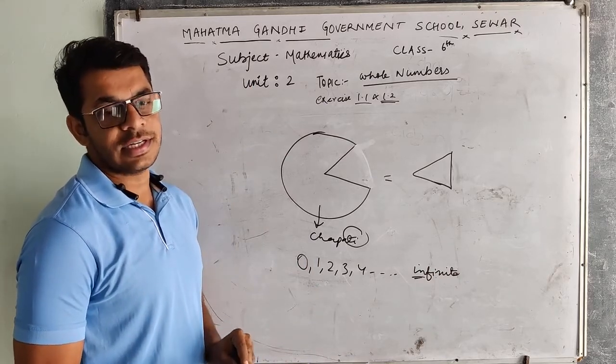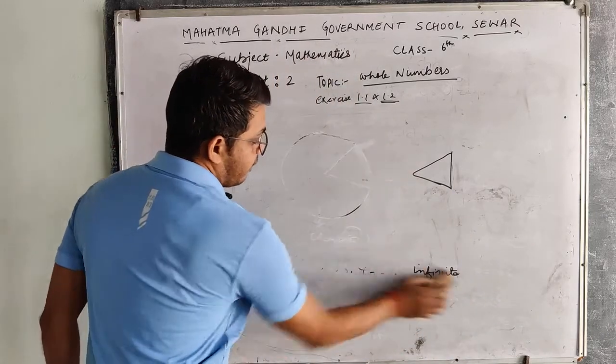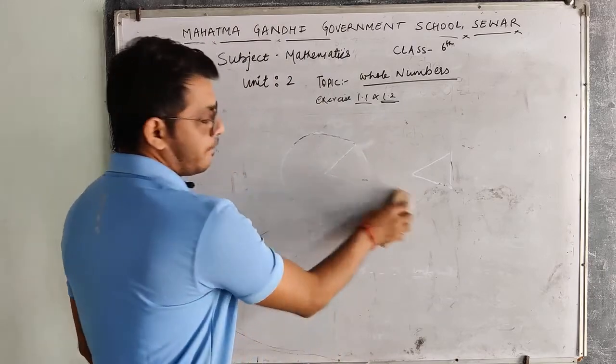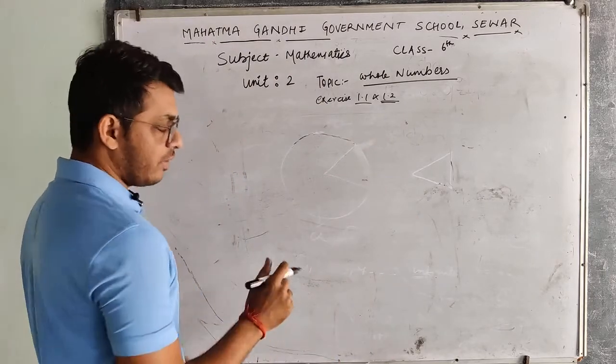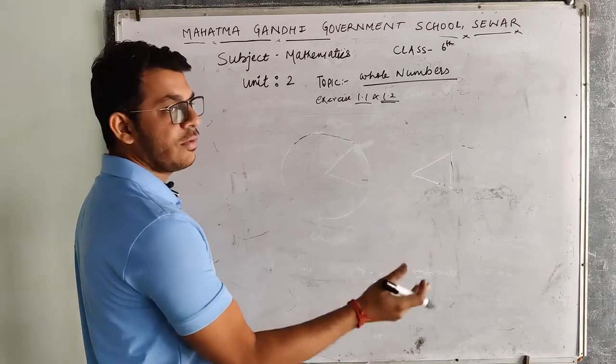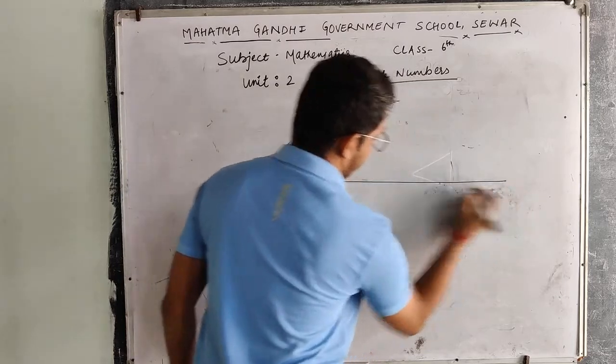Whole numbers have certain properties. If I draw a line and represent these numbers on the line, how will we add or subtract, or move forward or backward using whole numbers?